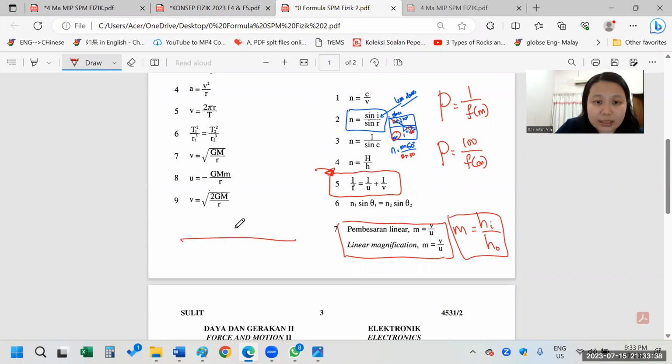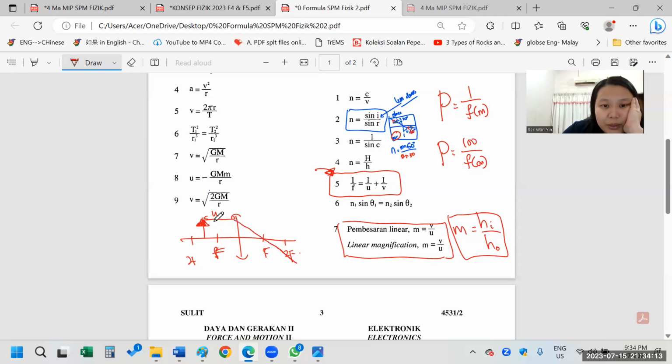Okay, what is V and what is U? This is the lens, so this is F. This is F. This is 2F. So U means if the object is here, the object is here, so this is U. From the object to the lens, the distance between object to the lens.